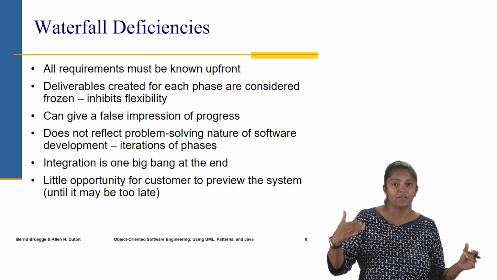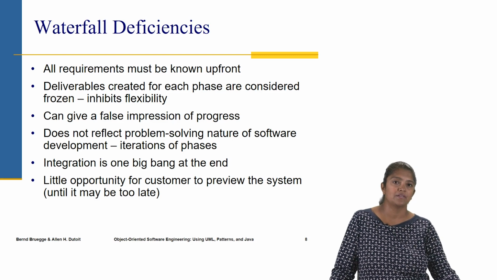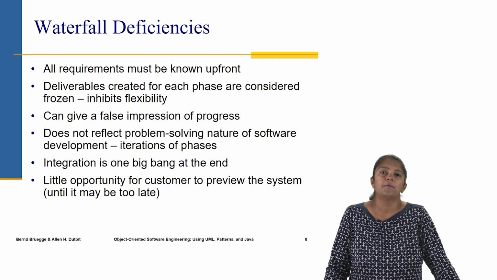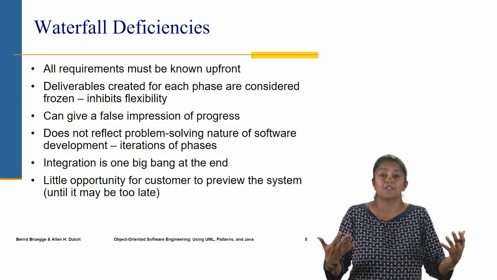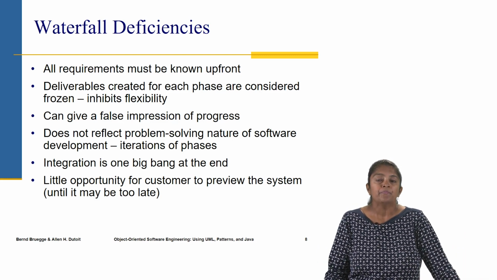One might think, oh, we have completed 3 phases of this life cycle, so we've made good progress, but you're not seeing the running software, so it's hard to say how much progress has been made.